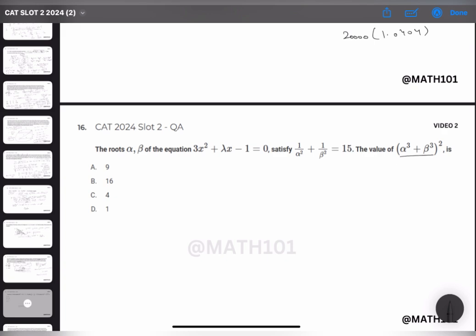So we know alpha cube plus beta cube, the roots of the equation. So alpha cube plus beta cube is equal to alpha plus beta times alpha square minus alpha beta plus beta square.